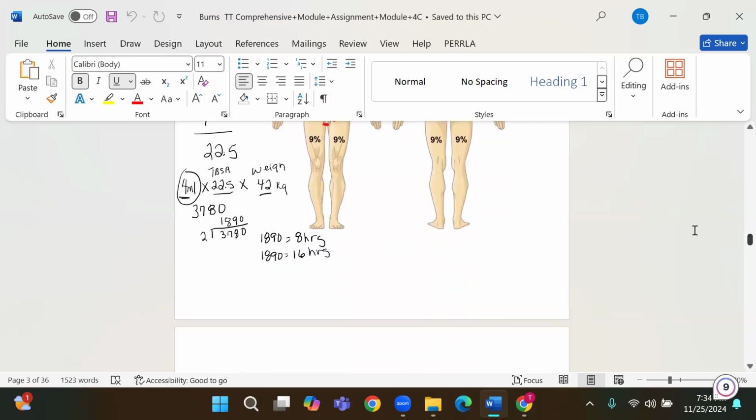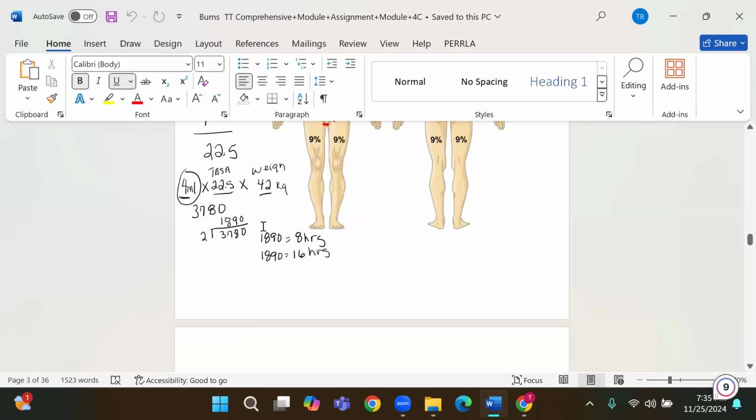So when we got this, what we came up with was 3,780. That is how much fluid you are going to give the patient within the next 24 hours. Okay. Then you're going to take this whole number and divide it by 2. And when you divide that, you're going to end up with 1890.